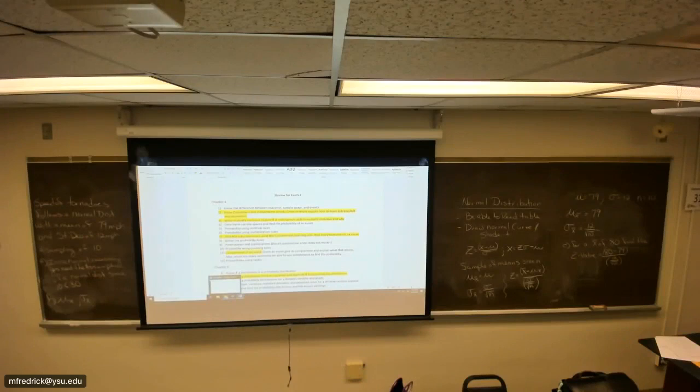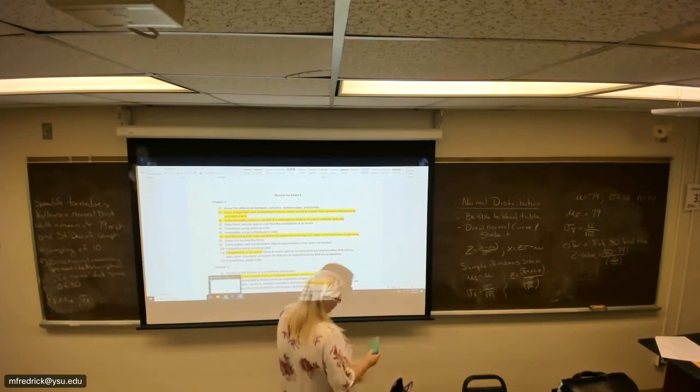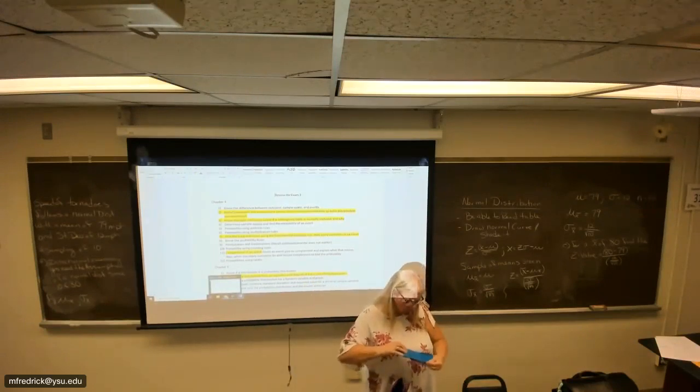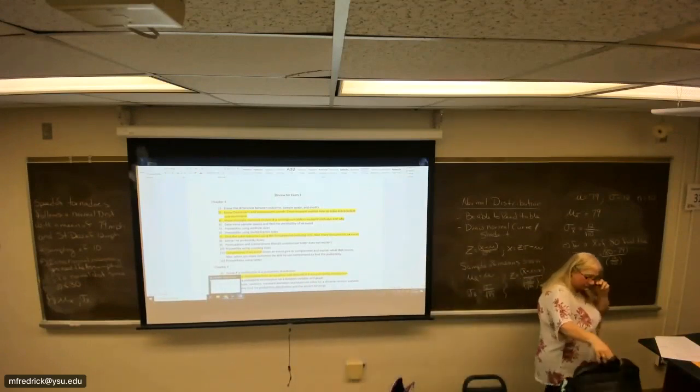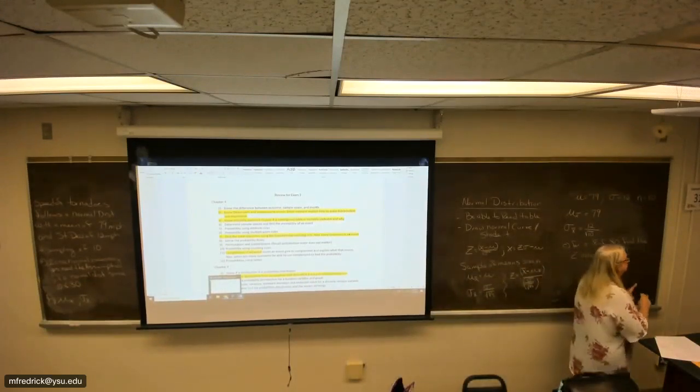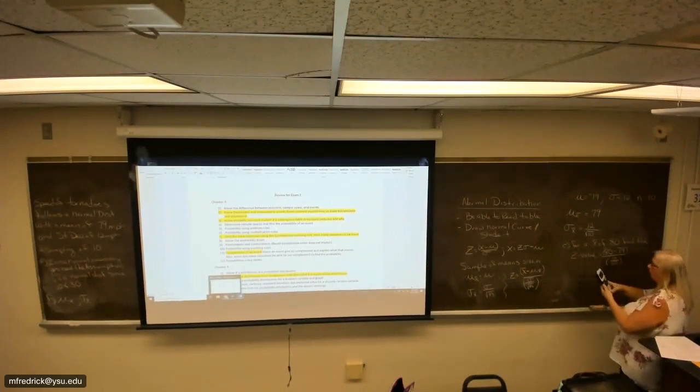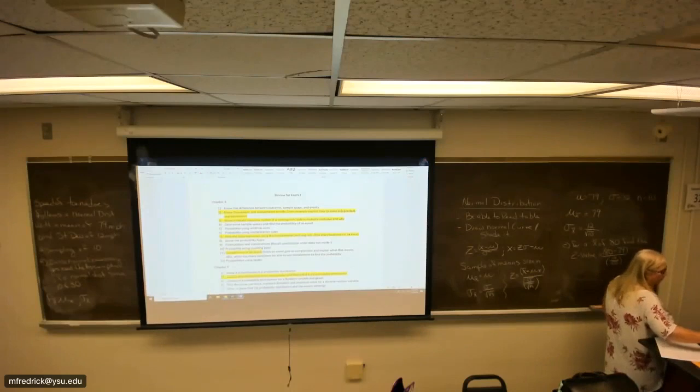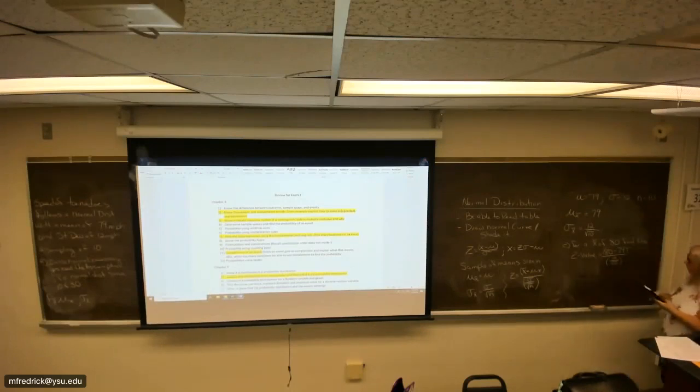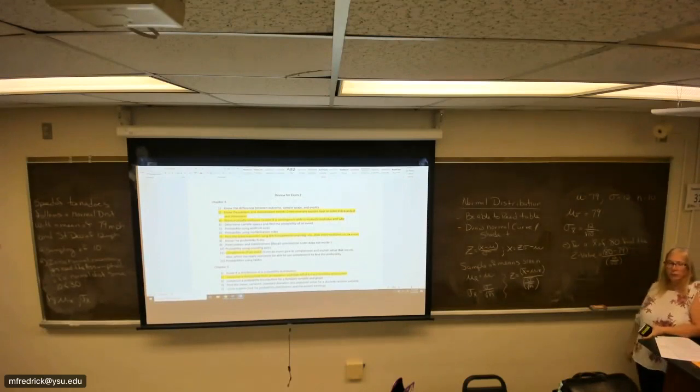Anyone else? So a z value is always rounded to 2 decimal places. Are you getting 0.26?